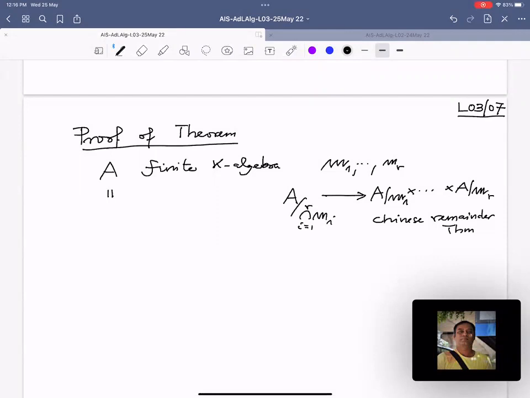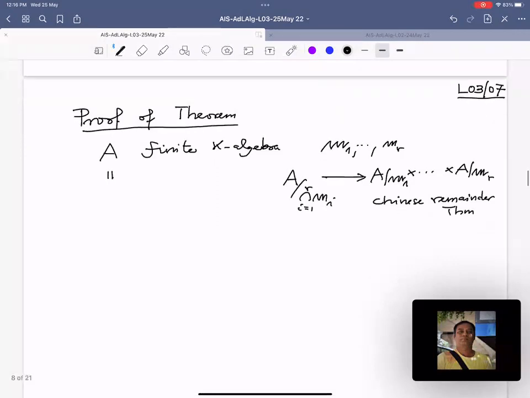So think of this, our model example, K[x1,...,xn], this is R modulo f1 to fn.